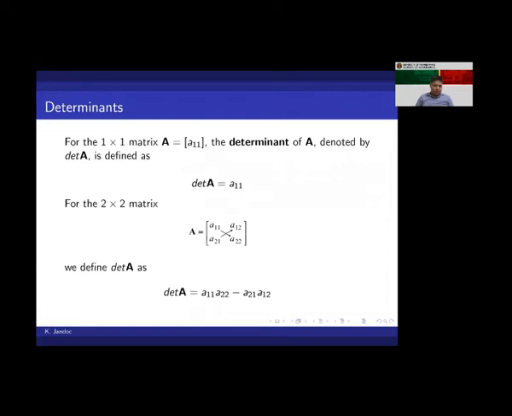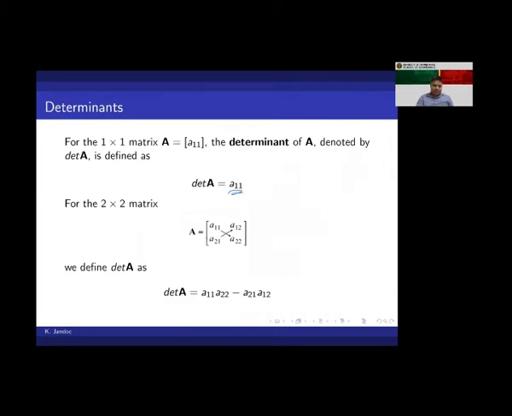So now we will learn the concept of determinants, so the determinant of a matrix. But first, let me just point out that for the matrix A, which is composed of just one entry, A11, the determinant of A is defined as the number A11 itself, okay?